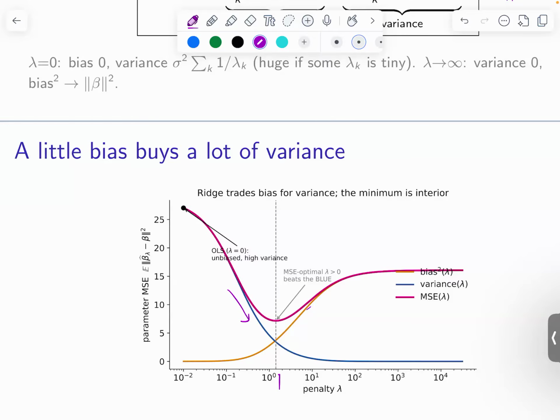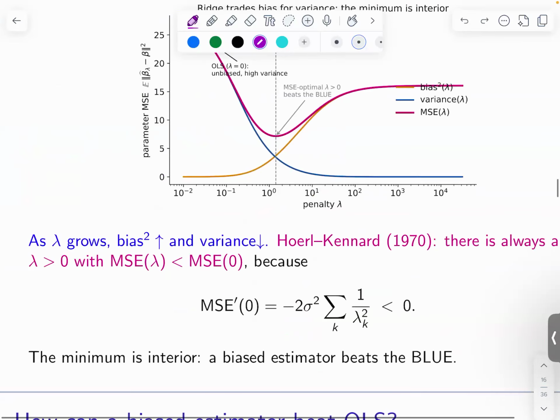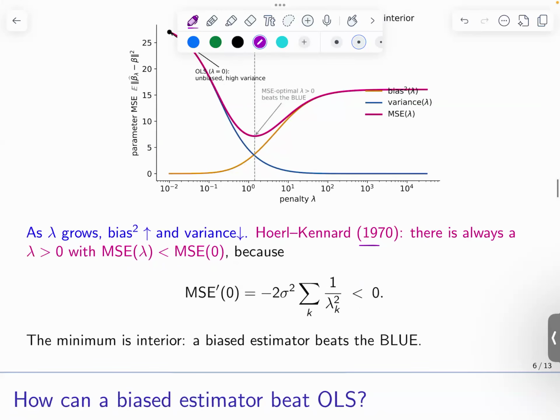So you're going to stop. So this gives you this result, and then there's a result from 1970 that proves that there is always a lambda which is better than lambda equal to 0, and it's easy to prove by looking at the derivative of the MSE at 0.